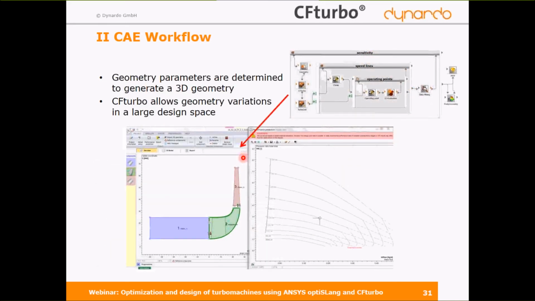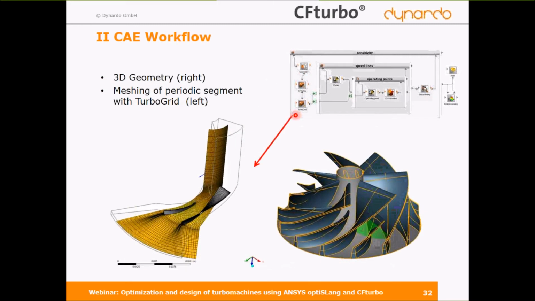At the beginning, there is a geometry generation, which is done by CFturbo, and CFturbo allows geometry variations in a large design space. After this has been done, the next node is then here the meshing. It's done with TurboGrid, and as you can see, we use periodic segments.